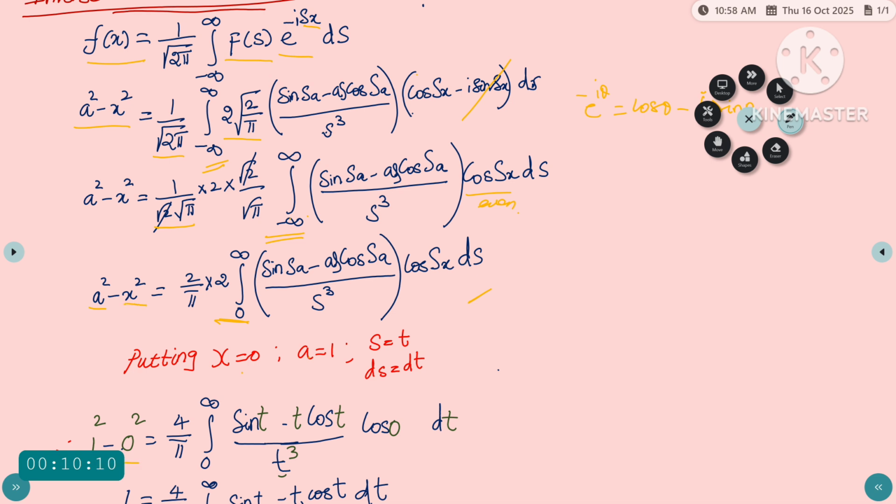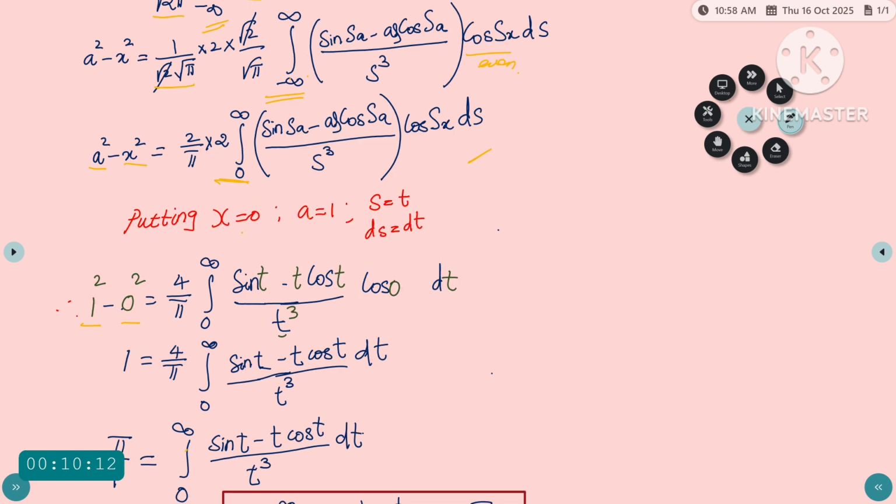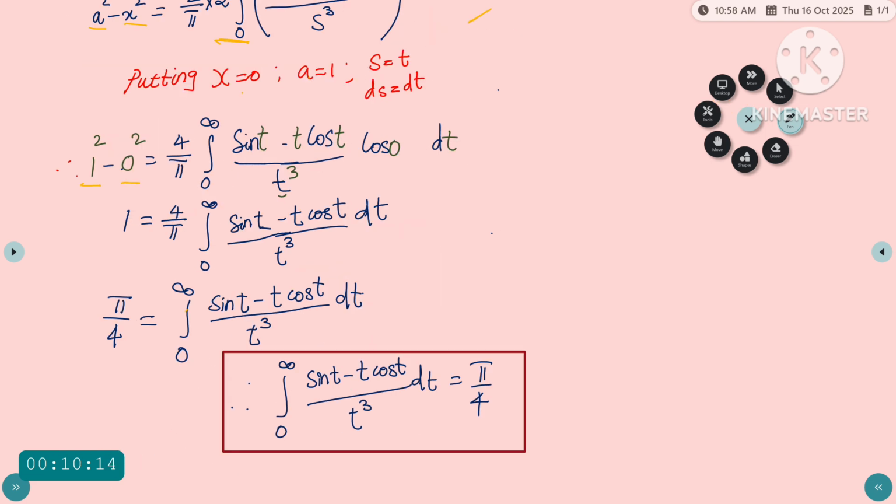Then our answer is 1 square minus 0 square, which equals 4 by pi integral 0 to infinity of (sin t minus t cos t) by t cube into cos 0 into t dt. On the left-hand side we get only 1. What is the value of cos 0? Cos 0 equals 1. So the value tends to 1. Bring 4 by pi to the other side, and we get pi by 4. So that is the final answer for the inverse Fourier transform.